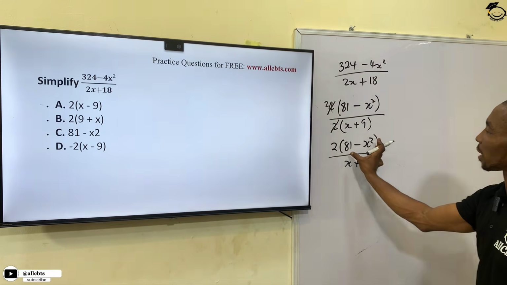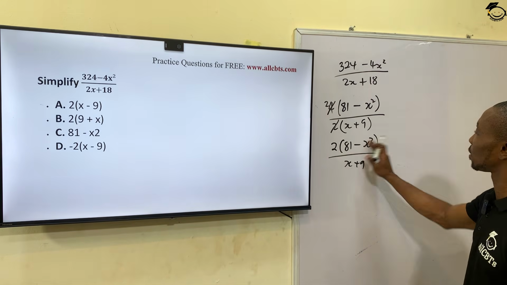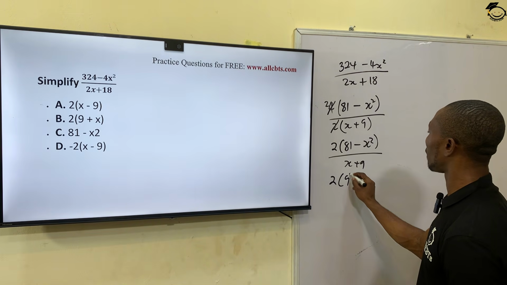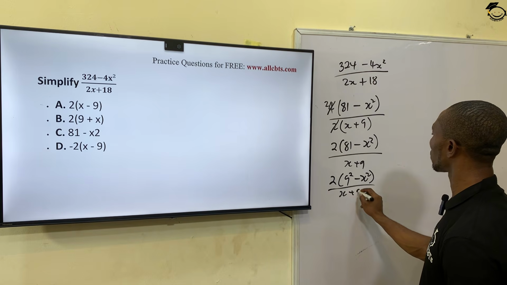Okay, here we can see that we can turn this 81 to 9 squared, giving us difference of 2 squares. So this we can write as 2 bracket 9 squared minus x squared, all over x plus 9.